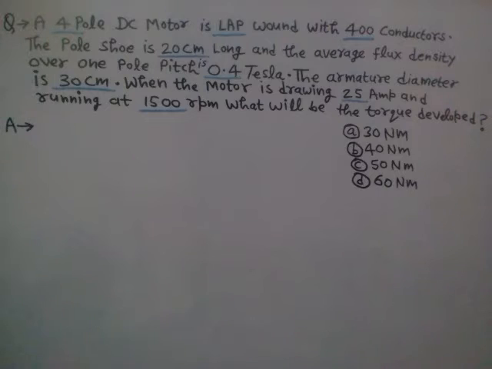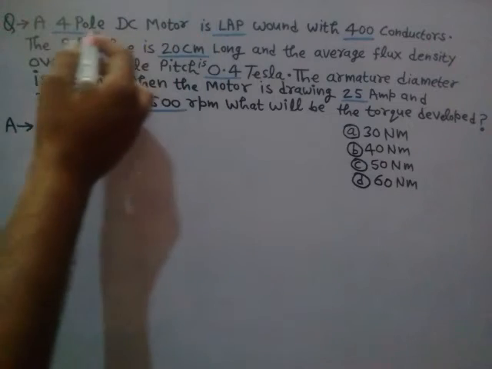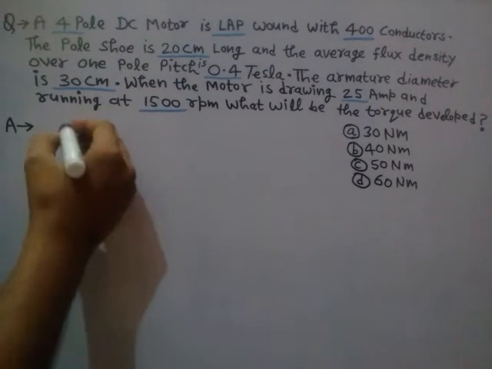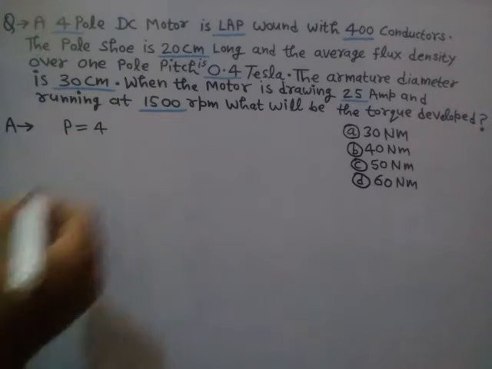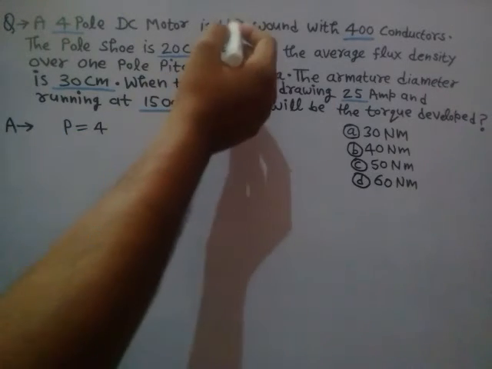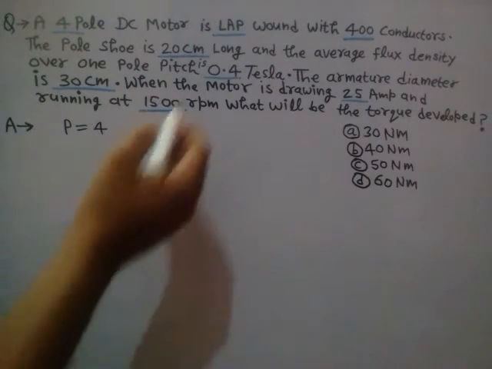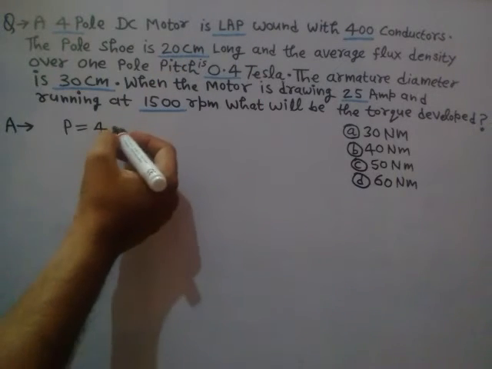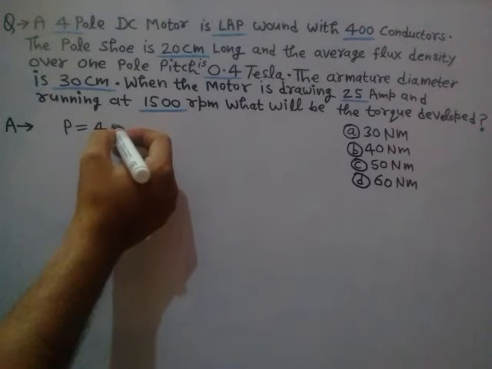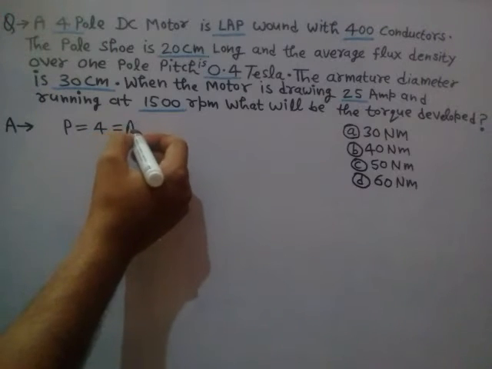First of all, let us note down the given values. It is a 4-pole DC motor, so the number of poles is P equal to 4, and it is lap connected. For a lap connected armature, we know that the number of poles is equal to the number of parallel paths.